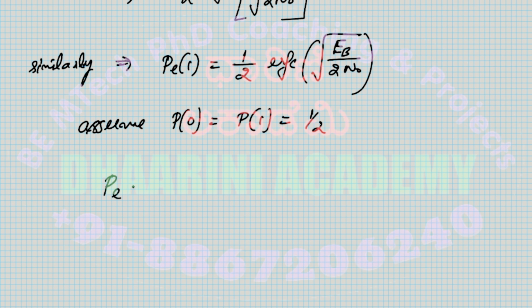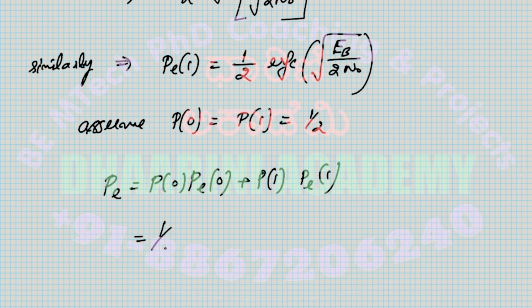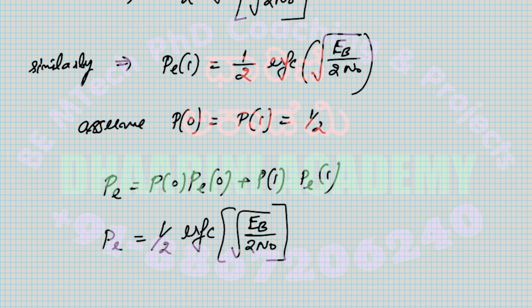Now PE, probability of error, is equal to P of 0 into PE of 0 plus P of 1 into PE of 1. Once again, it ultimately comes to the same, because half into half is 1 by 4 plus one more 1 by 4. So that ultimately becomes 1 by 2 error function of root of Eb by 2 times n naught, which is the probability of error of the FSK signal.